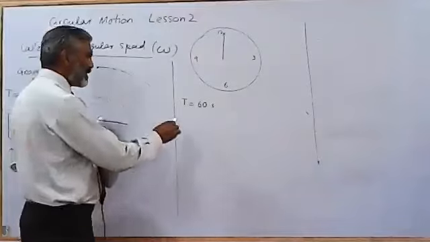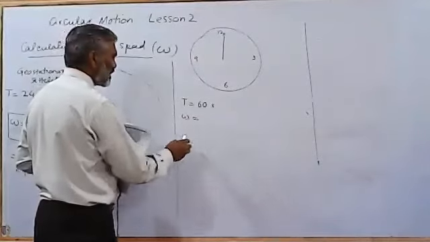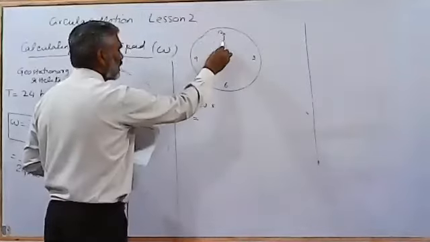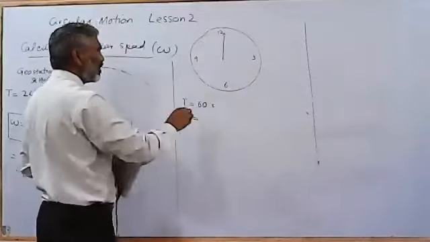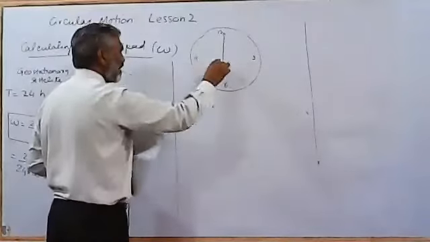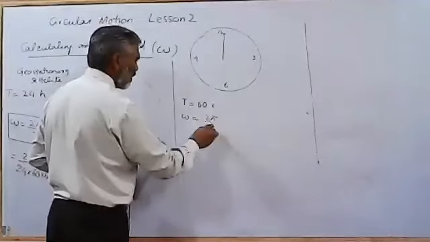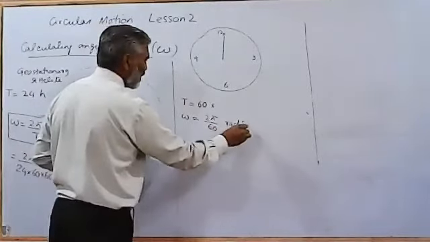So you can easily guess what omega is going to be for this second hand. The tip of it, or this point on it, will all be moving with the same omega. So omega for the entire second hand on this clock will be 2 pi over 60, and this will be in radian per second.